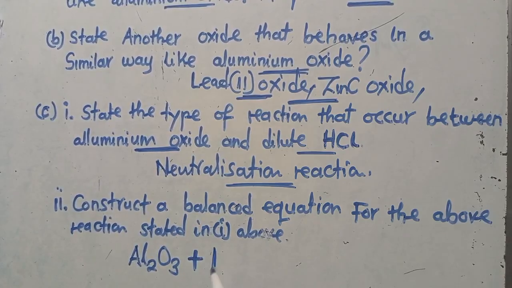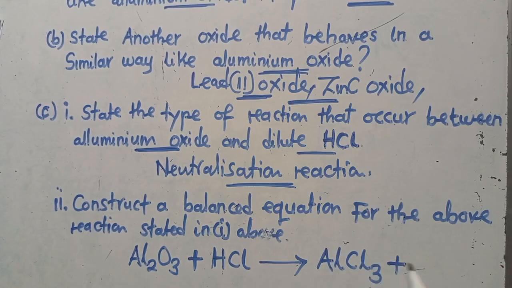So dilute hydrochloric acid, it is just like this. Then you say what is produced is a salt plus water. So what is the name of the salt produced? That is aluminium chloride, which is like this, plus water. Plus water is produced. So this is what you need to get.